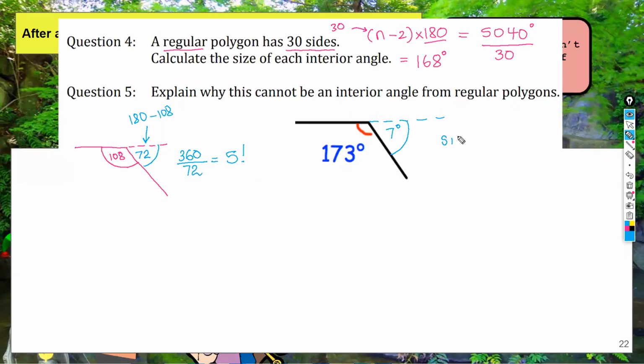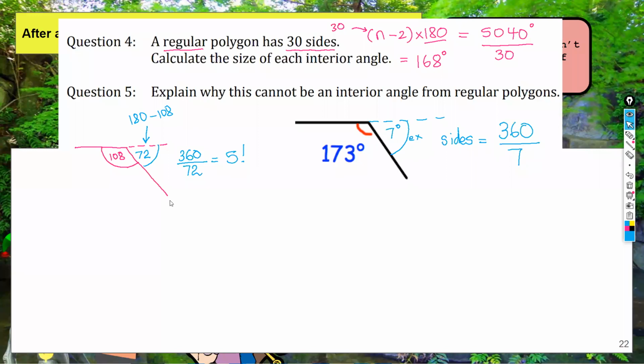To find out how many sides this shape has, you always take 360 and divide it by the exterior angle, the outside angle. You will notice that in the first example, when you divided, you got a nice whole number, 5 sides.